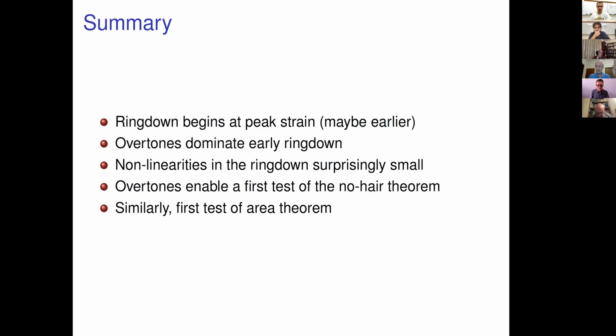And there are other indications that this may be true, and there are some speculations to do with forming the effective potential outside the merging black holes and so on about why this might be true. But I think this is a fertile area for people to look at.